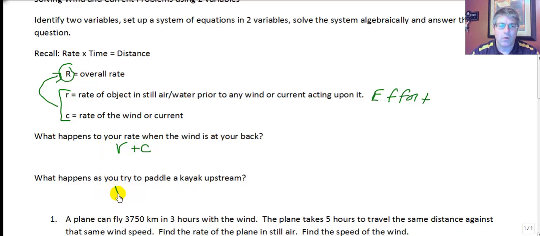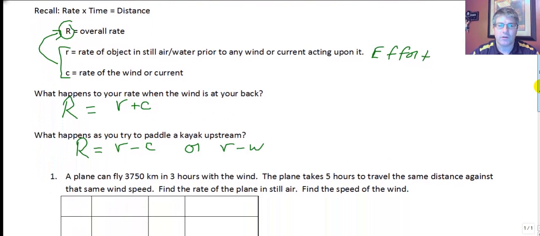So our overall rate now will be r minus c, or could even be r minus w, whatever. The wind or the current is working against you. So our overall rate is made up of r minus c, or our overall rate is made up of r plus c, our effort plus the current.